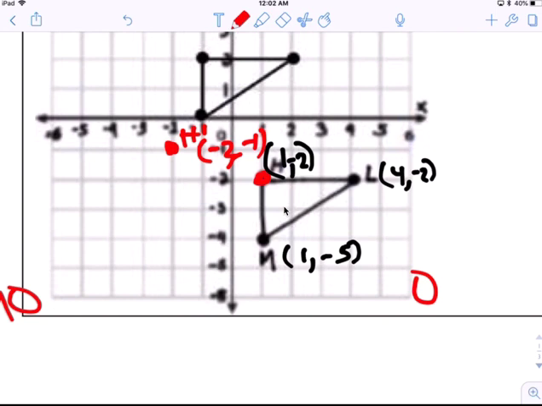Okay, and instead of 4, 2, it's 2, 4. Instead of 1, 5, it's 5, 1. -5, -1. That's M prime.